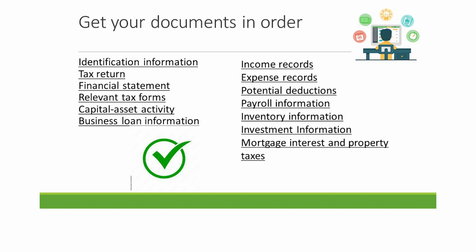Identification information. Your accountant will need personal information to file taxes on behalf of your small business. So the information you may need to provide is your Social Security number and or your employer identification number.